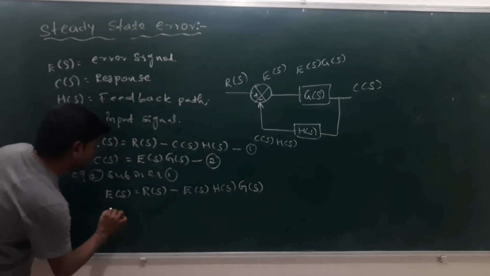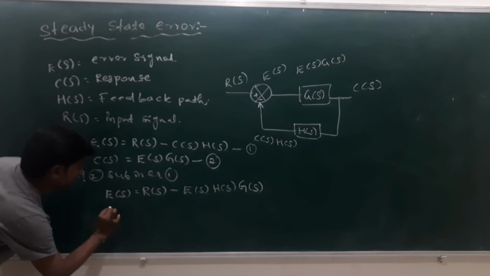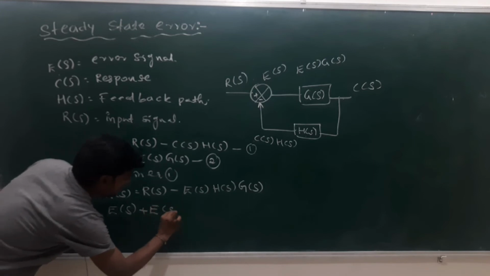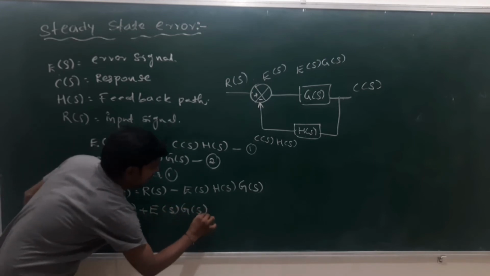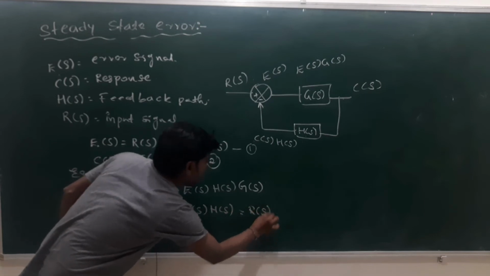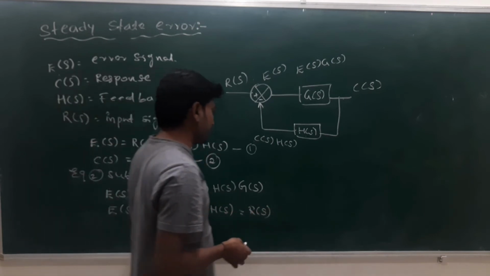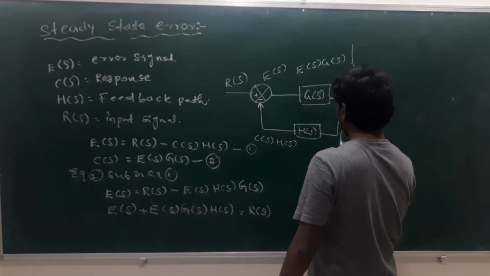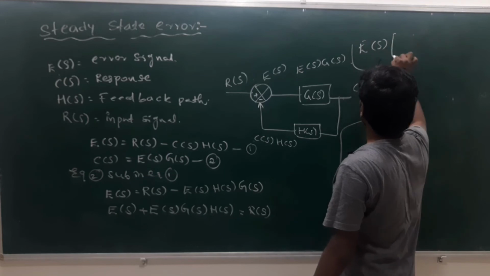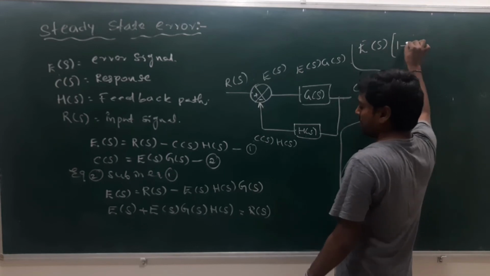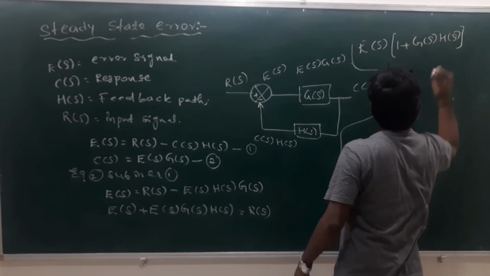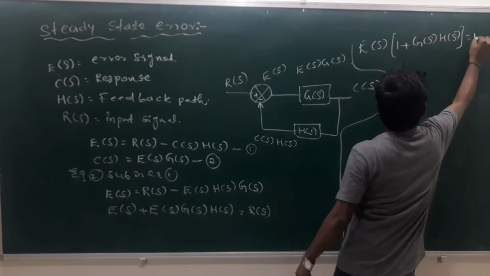Shifting E(s) to this side, we get E(s) plus E(s) G(s) H(s) equal to R(s). Taking E(s) common, E(s) into 1 plus G(s) into H(s) equal to R(s).